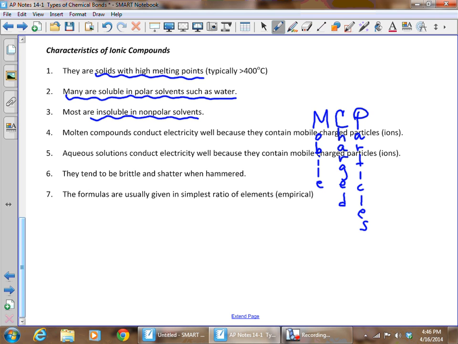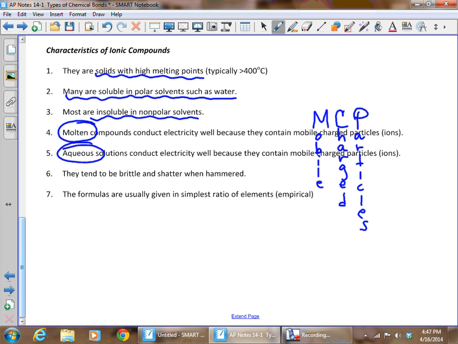But when it is solid, think about it. When it's solid, it's not going to be able to conduct electricity. Tons of charged particles, but it's not mobile. It can't move. So think about it then. Why do molten ionic compounds and aqueous solutions of ionic compounds conduct electricity really well?